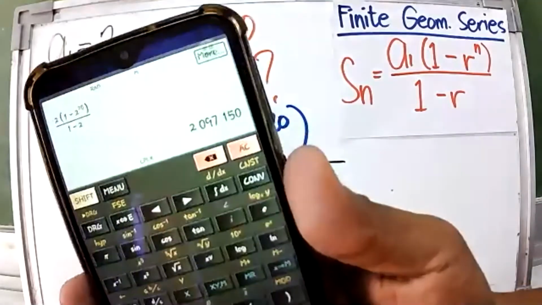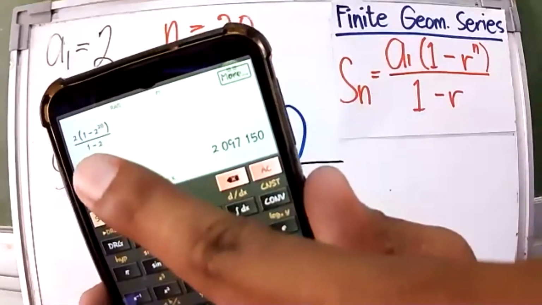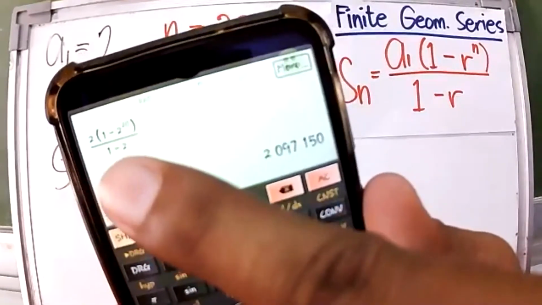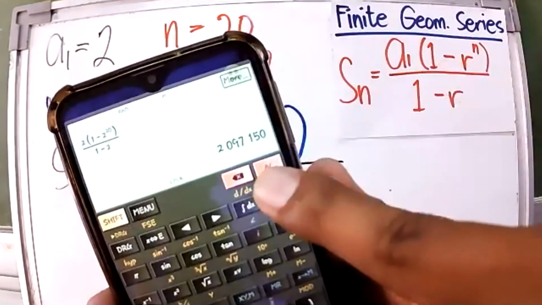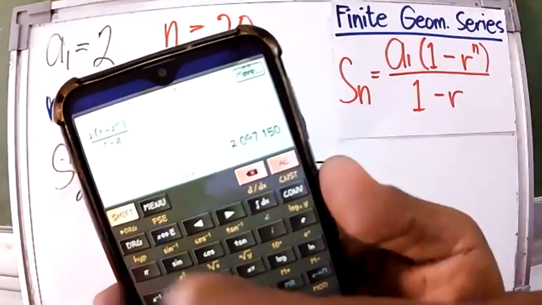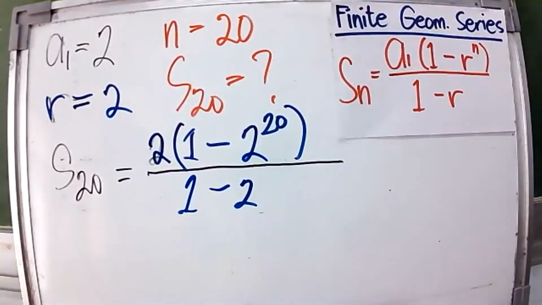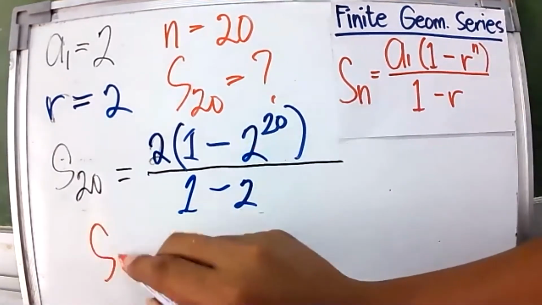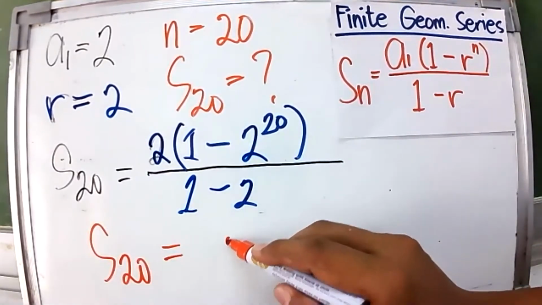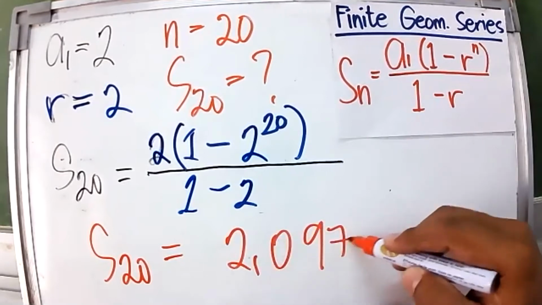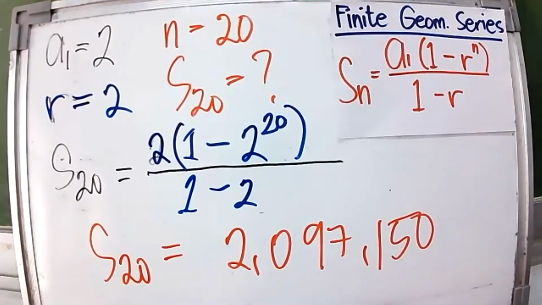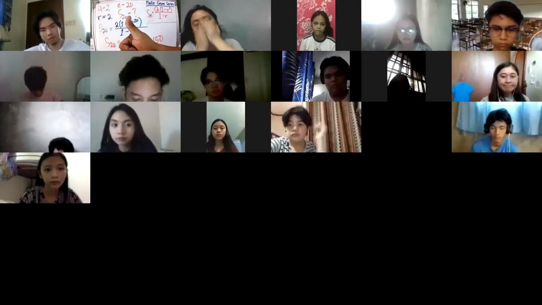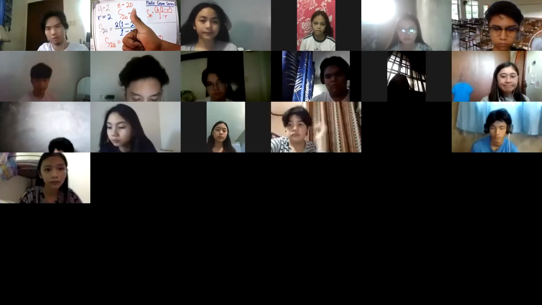Okay, so in here I made an input of our given following our formula, and the answer is 2,097,150. Okay, so that's our S sub 20. Thumbs up if you got the answer correctly. Very good. Okay, so that's it.